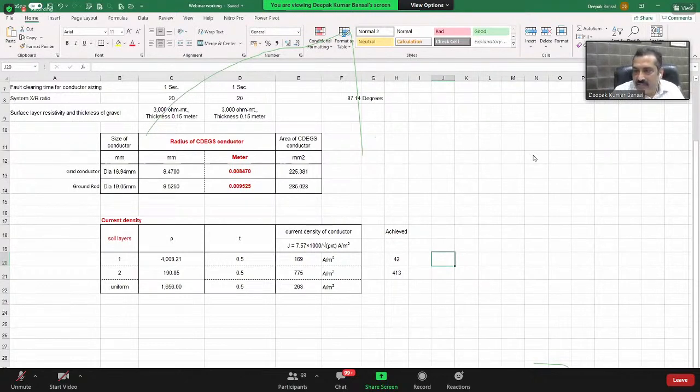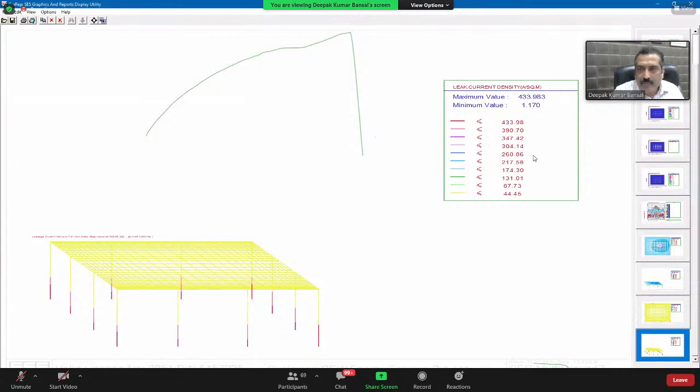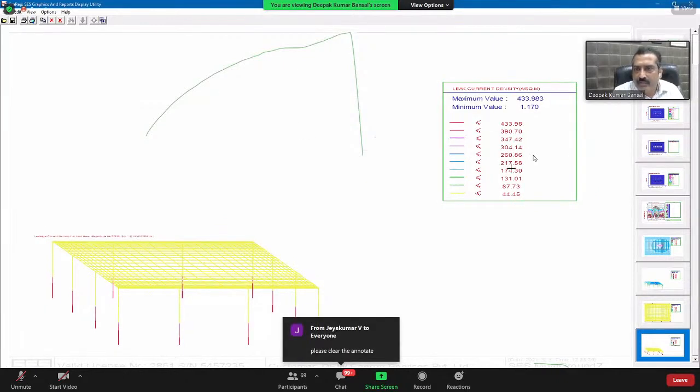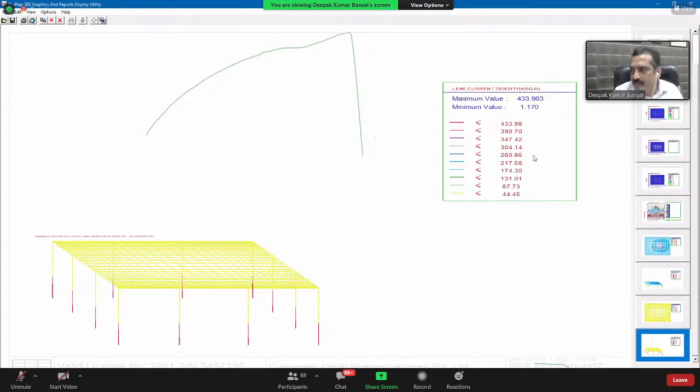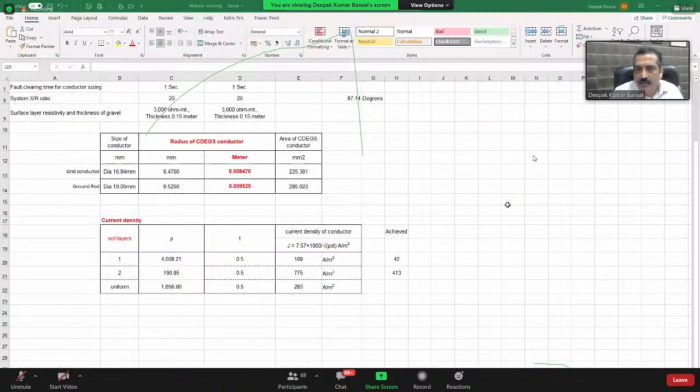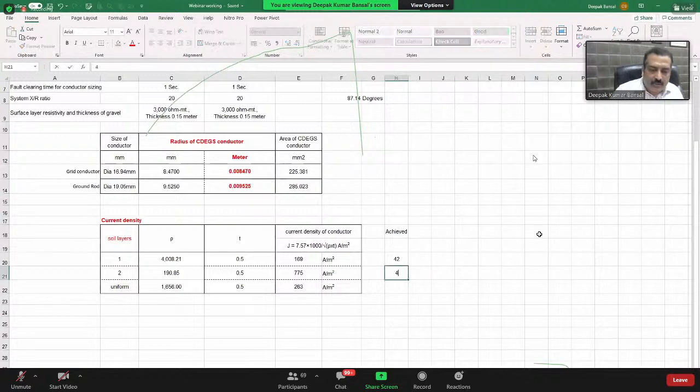And what we have achieved is 42, and what we have achieved is, this is the red portion for 33 maximum, the yellow portion is maximum 43. For 33 and 43, which is less than the required.